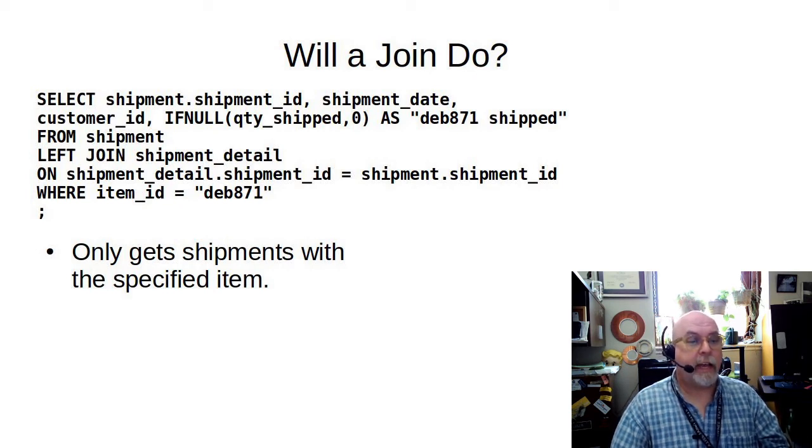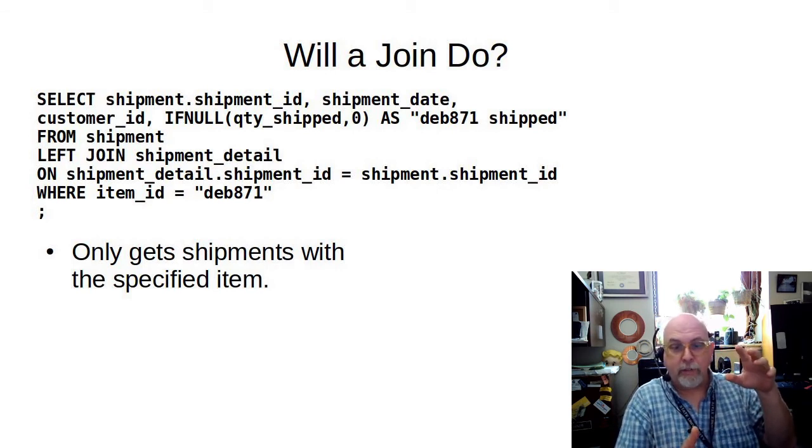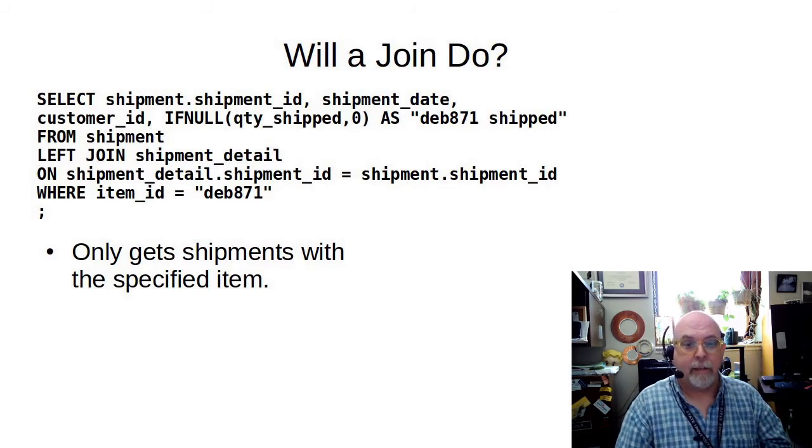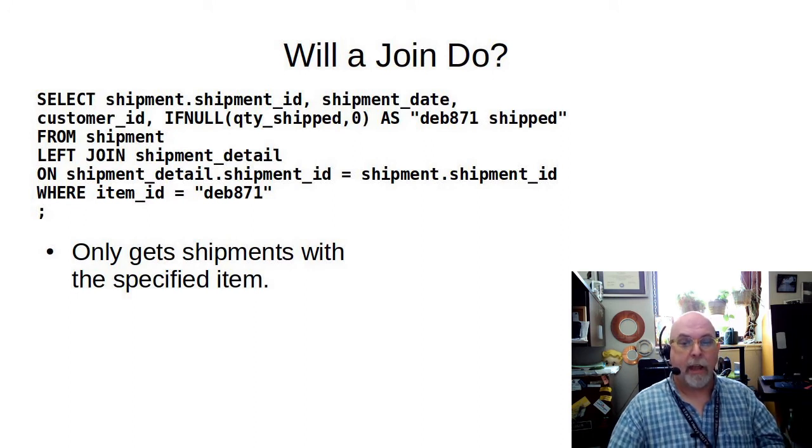And then we say where item ID equals EB871, but that's going to affect the entire select, so it's not going to give us the shipments that don't have any EB871s on them, and we'll see the result isn't what we wanted on the next slide.